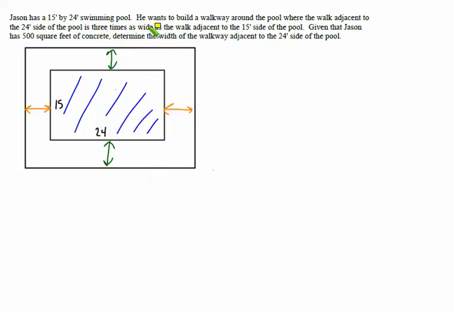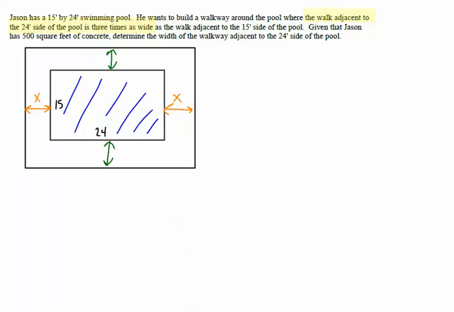Now, when we read the problem, it says the walk adjacent to the 24-foot side of the pool is 3 times as wide as the walk adjacent to the 15-foot side of the pool. So as we near the 15-foot side of the pool, we are going to put an x by that piece.